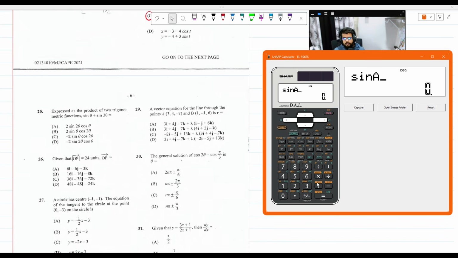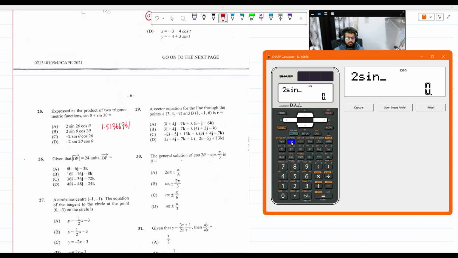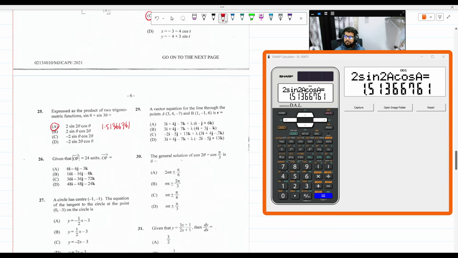Sine A plus sine 3A. 1.51366761. So 2 sine 2A cosine A. Yep, A is the answer without a doubt.